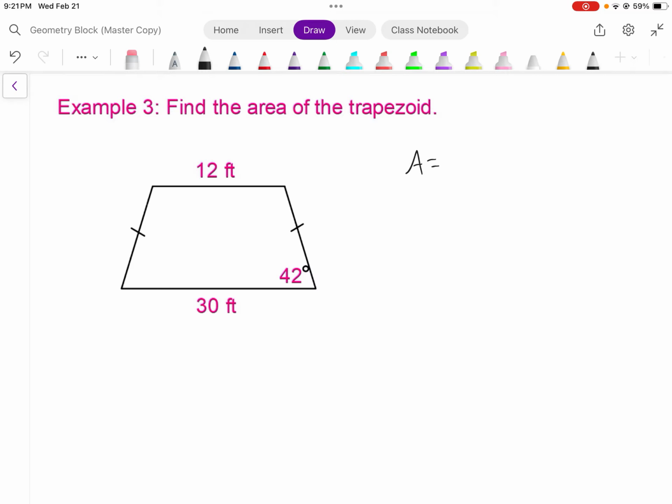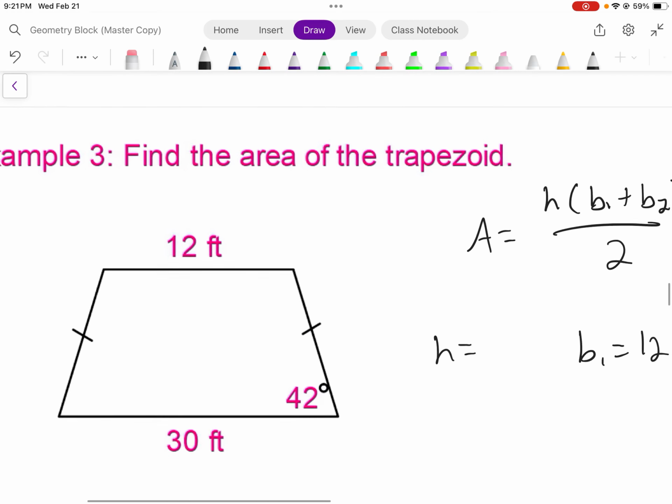Identify that it's a trapezoid, and the area is equal to height times base 1 plus base 2 over 2. This is a situation where I do not know the height, but I do know base 1, 12, and base 2, 30. You can flip-flop them, it does not matter. But the important thing here is I do not know the height.